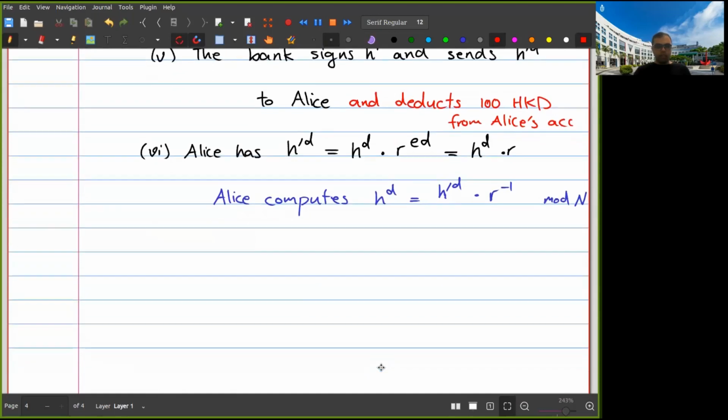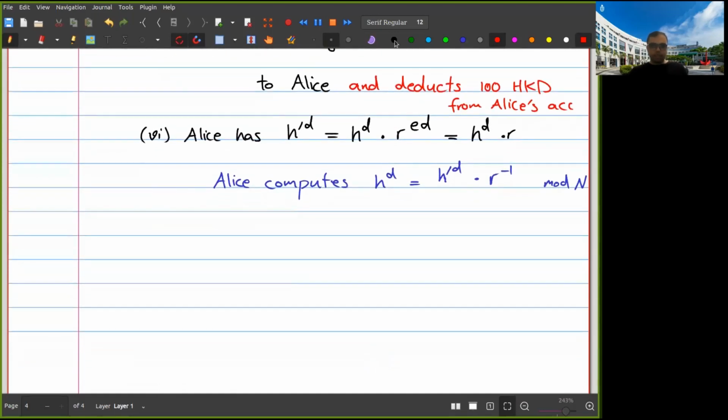Okay. Now, how does this continue? Well, if we just want to go on with this in step 7, Alice sends this banknote, let's say B, and now H to the power of D to Bob.